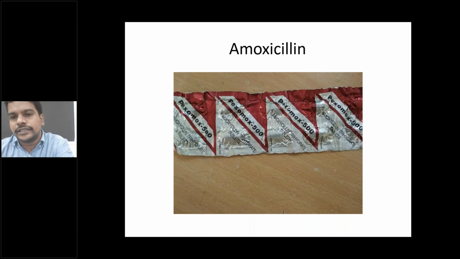It was there on that sheet. Okay, and we need to write what are the main therapeutic uses of the drug or capsule. What are the main therapeutic uses of amoxicillin? Amoxicillin is an oral penicillin.